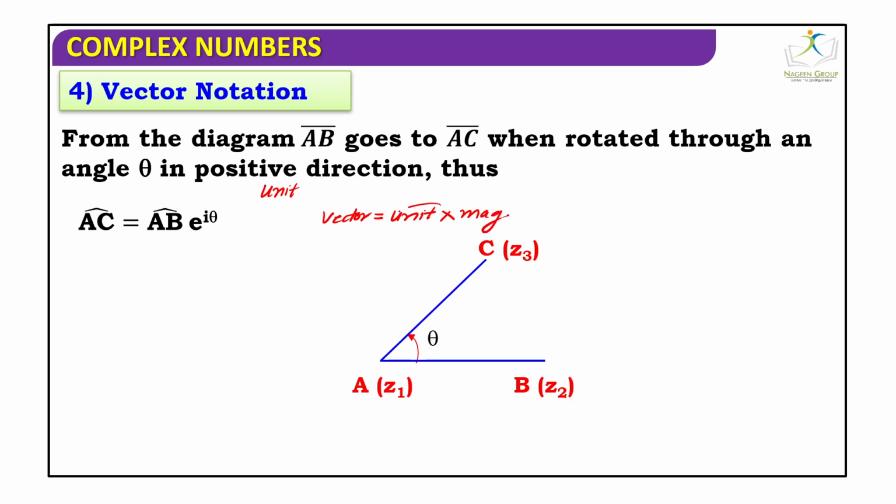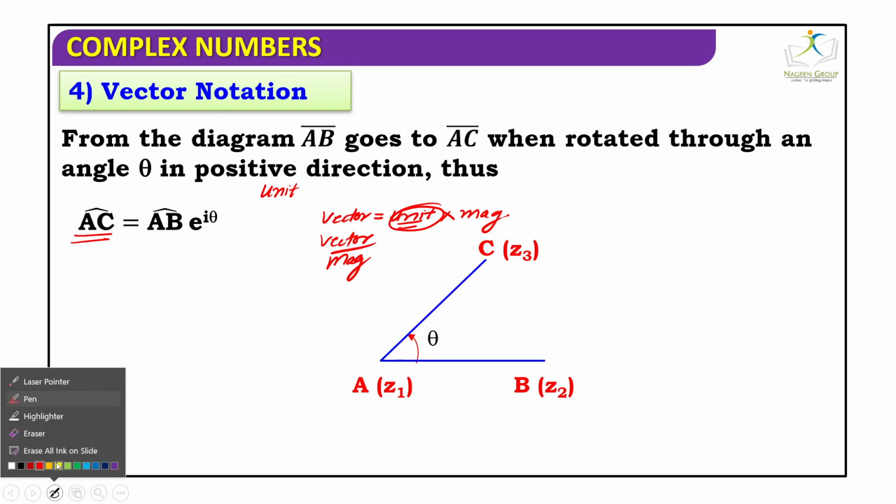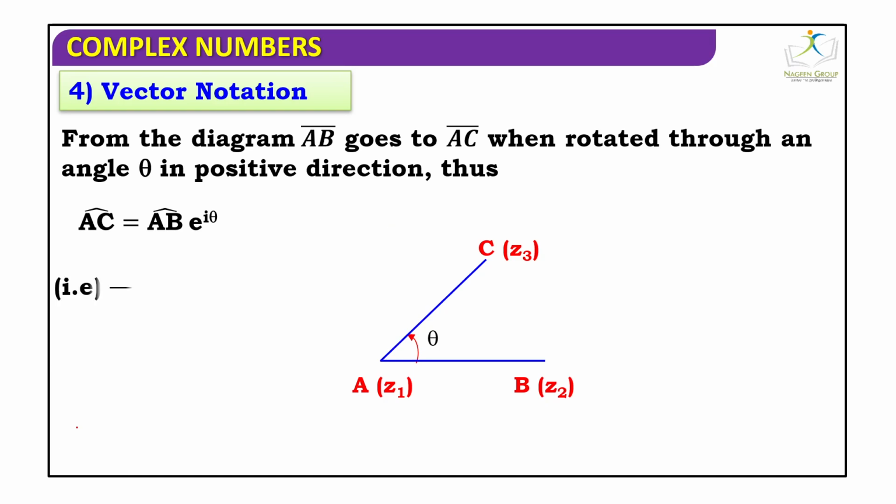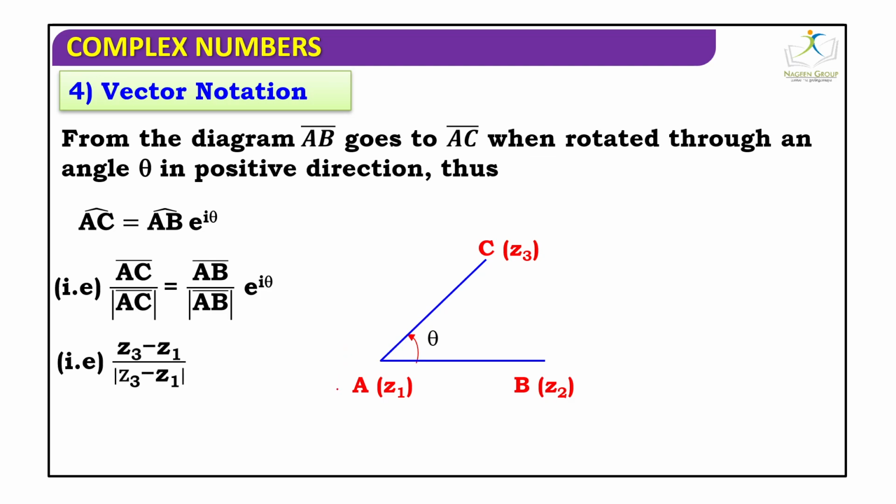So if we want to find the unit vector, it will be vector divided by magnitude, right? So just understand this formula. If we have AC as a unit vector, the unit vector equals vector by magnitude. So here AC vector by magnitude AC equals AB vector by magnitude of AB times e^(iota theta).